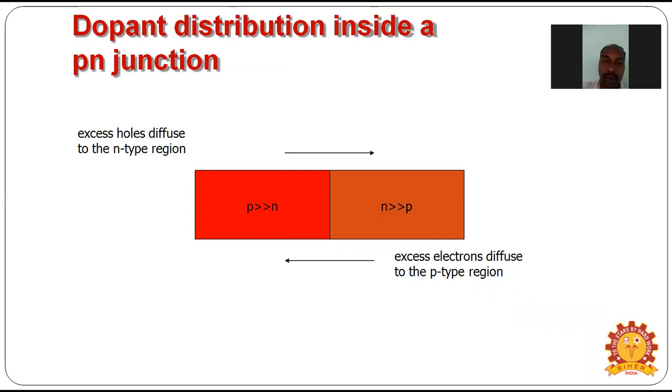The arrow marks represent the flow: from left to right, holes are diffused to the N-type region, and from right to left, excess electrons are diffused to the P-type region.